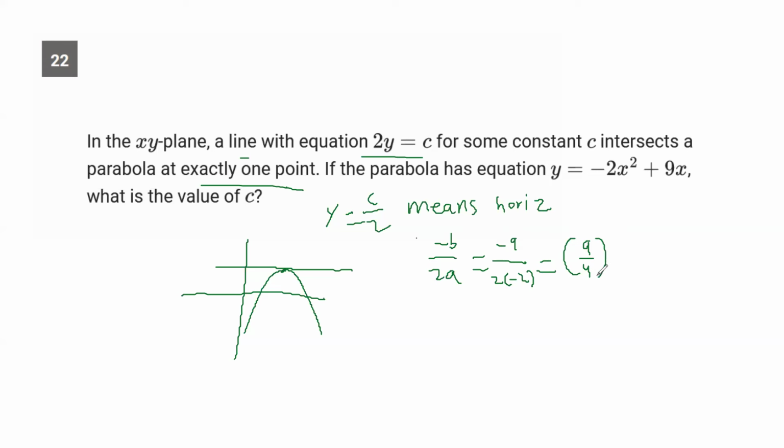Okay. And then from there, you're going to plug it back in to find the y value, right?